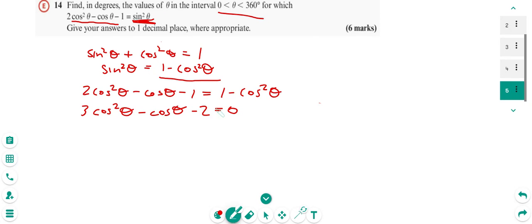And you can, if you like, then do a substitution and say, well, let x equal cos theta to rewrite this quadratic equation. And we'll get 3x squared minus x minus 2 is equal to 0.